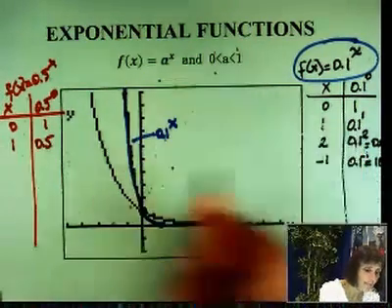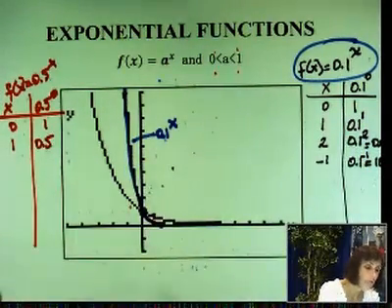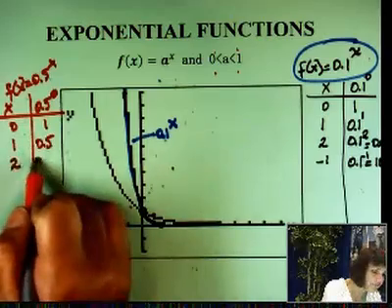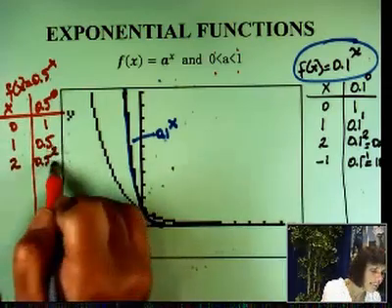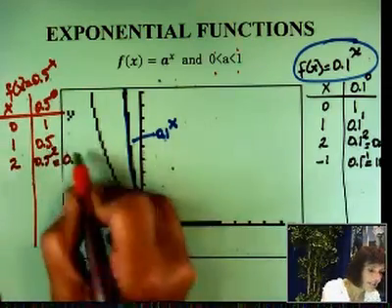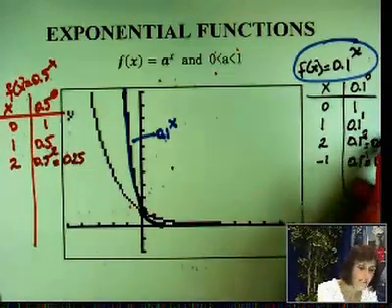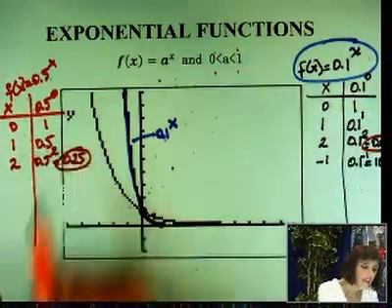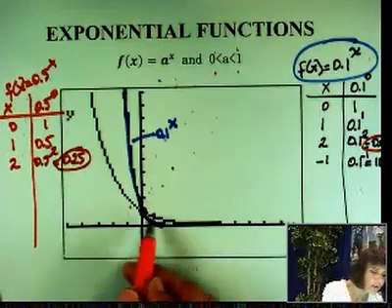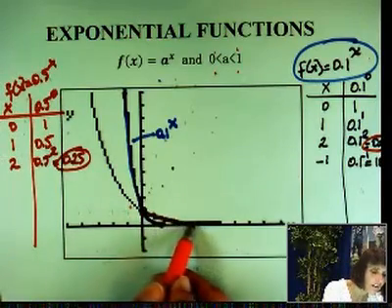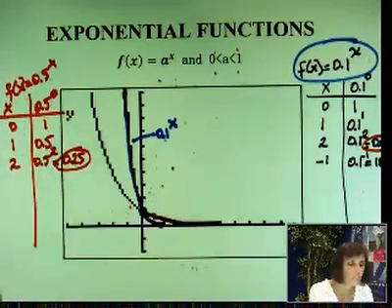It will eventually approach the x-axis, but it's going to do it a little bit slower. In other words, it's going to do this if I have 0.5 to the x.